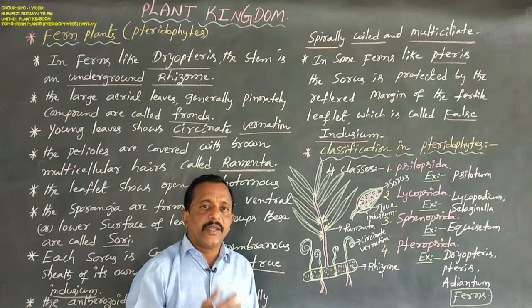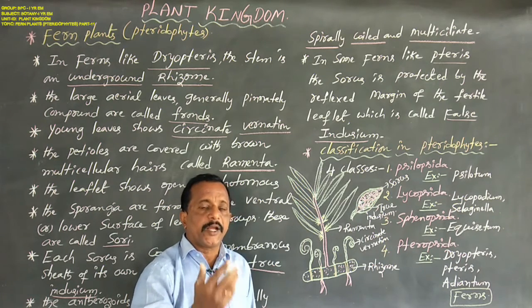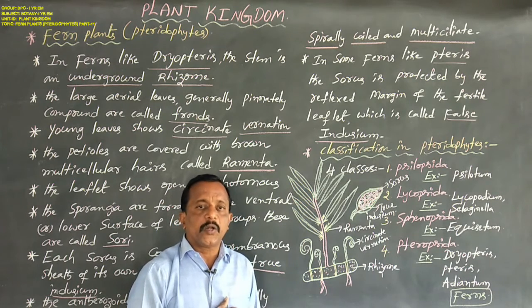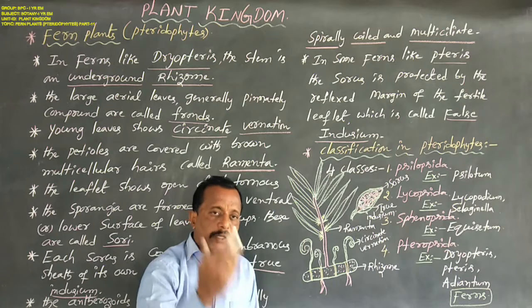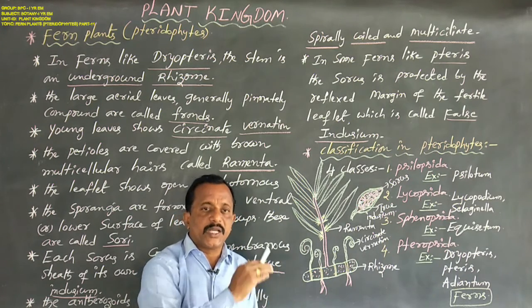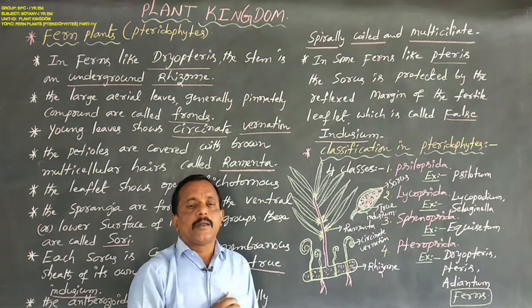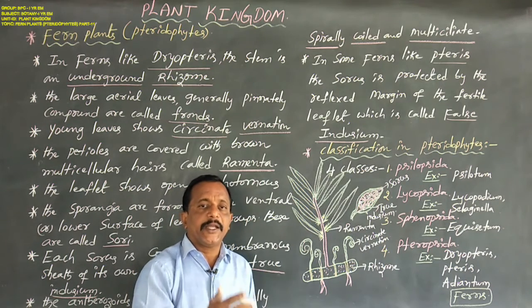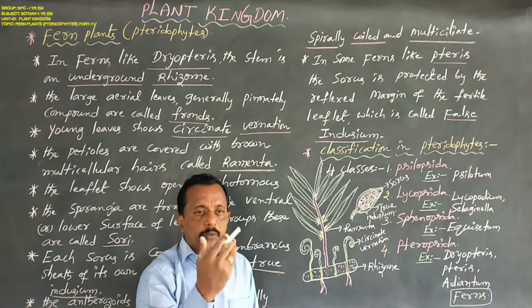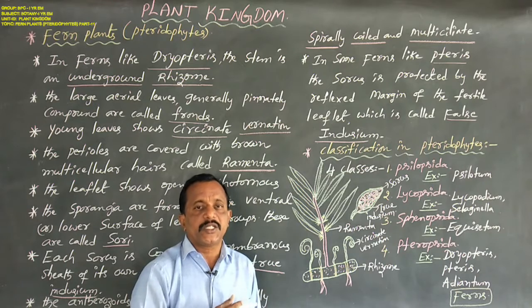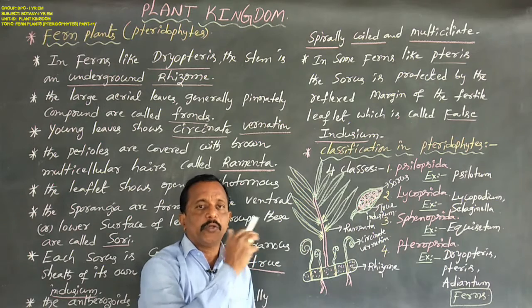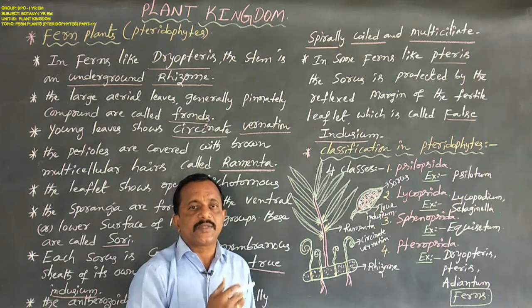But in ferns like Dryopteris the stem grows underground in the soil, horizontally, consisting of nodes and internodes. These nodes produce several adventitious roots, and aerially certain leaves are produced.